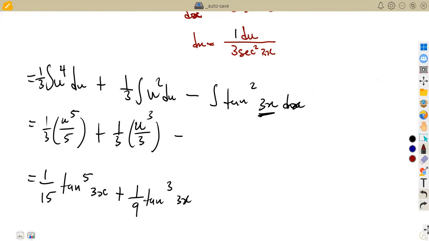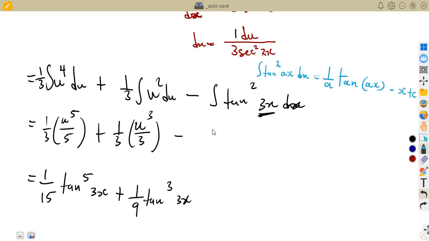You see the disadvantage of not giving you the formula sheet now. I was saying I'm gonna show you the formula sheet, and then all right, let me write this. Tan squared ax with respect to x, it is 1 over a tan ax minus x plus c.